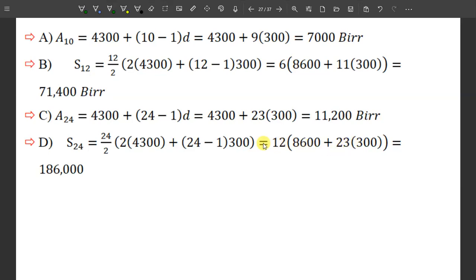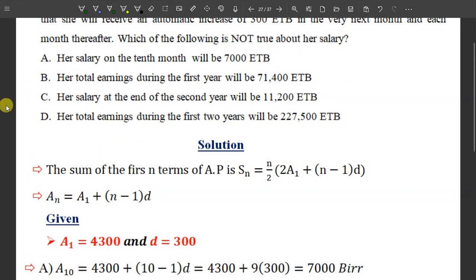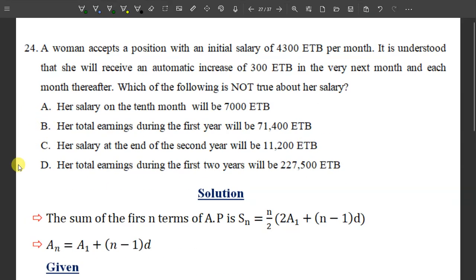Then add the resulting number to 8,600 and multiply by 12. The result is 186,000 Ethiopian birr, and therefore this is not true. D is not true. Therefore your answer must be D in that case, which is untrue.